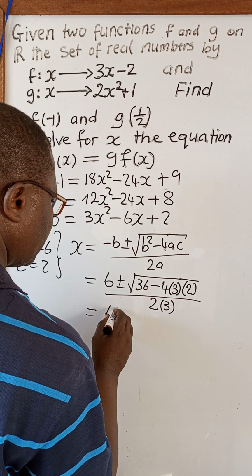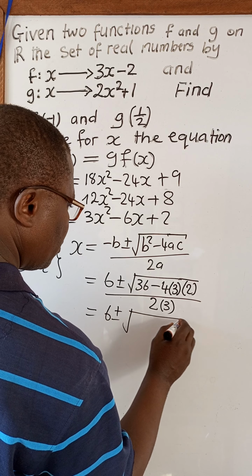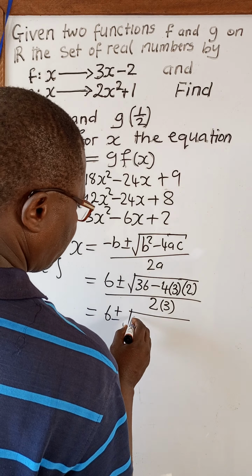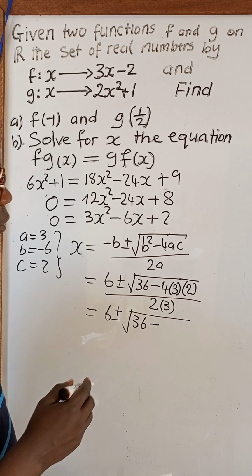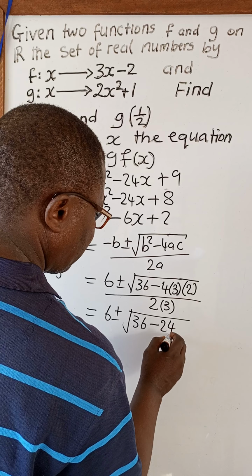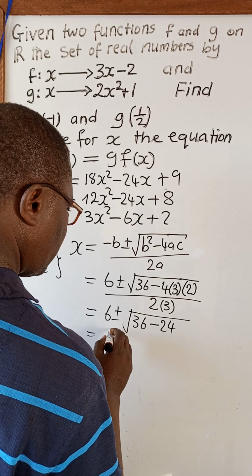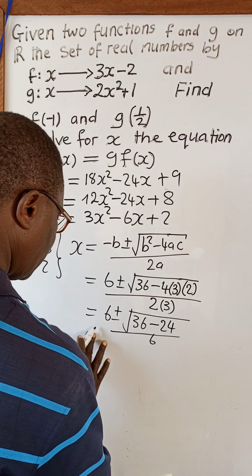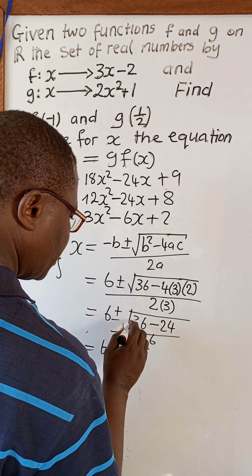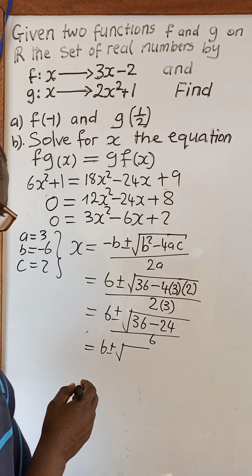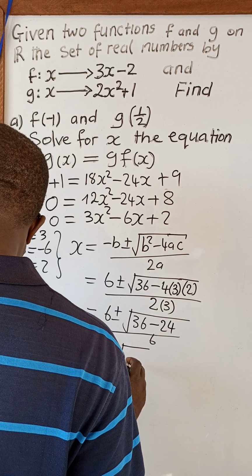So we have 6 plus or minus root 36 minus 4 multiplied by 3 is 12, 12 times 2 is 24, and all of that divided by 6. And so we have 6 plus or minus root 36 minus 24 gives us 12.